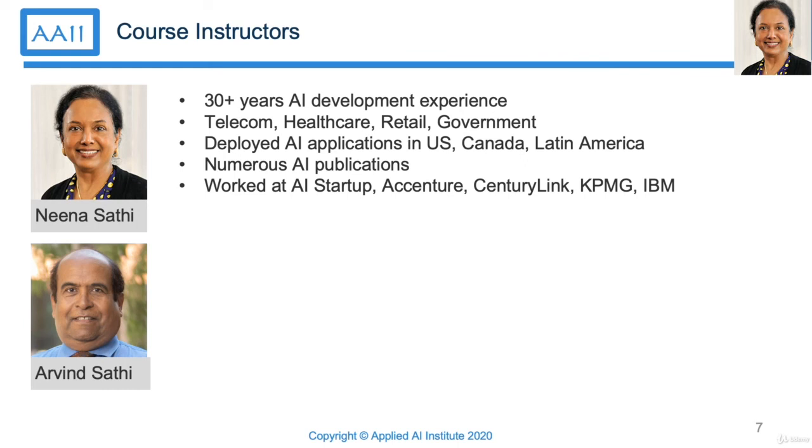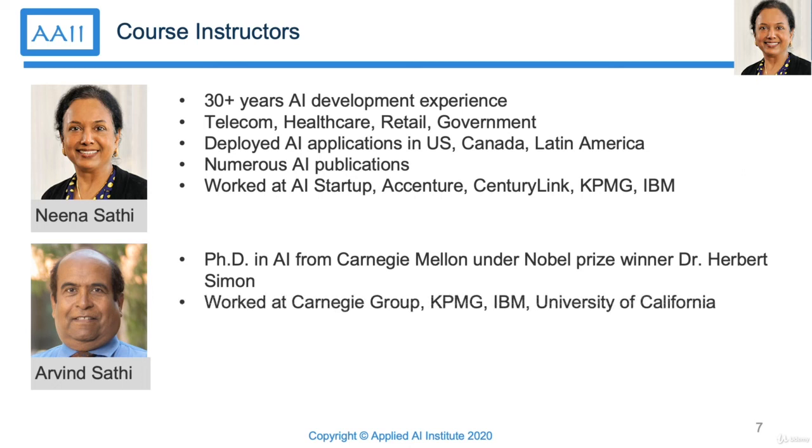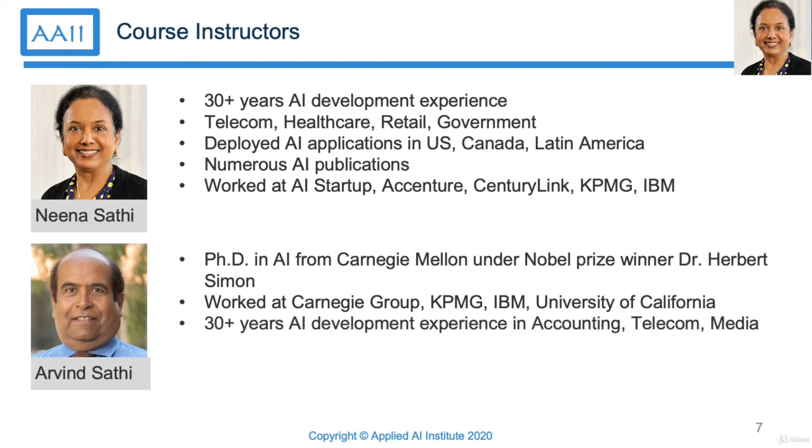I am Arvind Sathi. I received my PhD from Carnegie Mellon University under Herb Simon, who is considered to be the father of artificial intelligence. I've worked at Carnegie Group, an AI startup from Carnegie Mellon University, and then moved to KPMG to develop AI systems in accounting, telecom, and media industries.